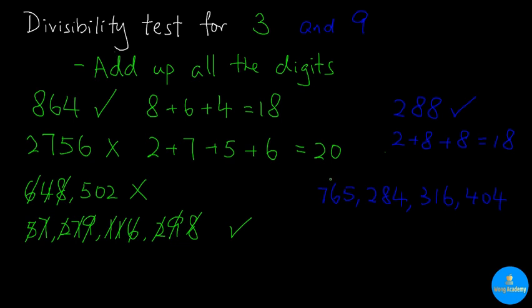For example, 7 plus 2 is 9, 6 plus 3 is 9, 5 plus 4 is 9, 8 plus 1 is 9. We are only left with 6 plus 4, which is 10, plus 4 is 14. Because 14 is not a multiple of 9, we know that this big number is not a multiple of 9.